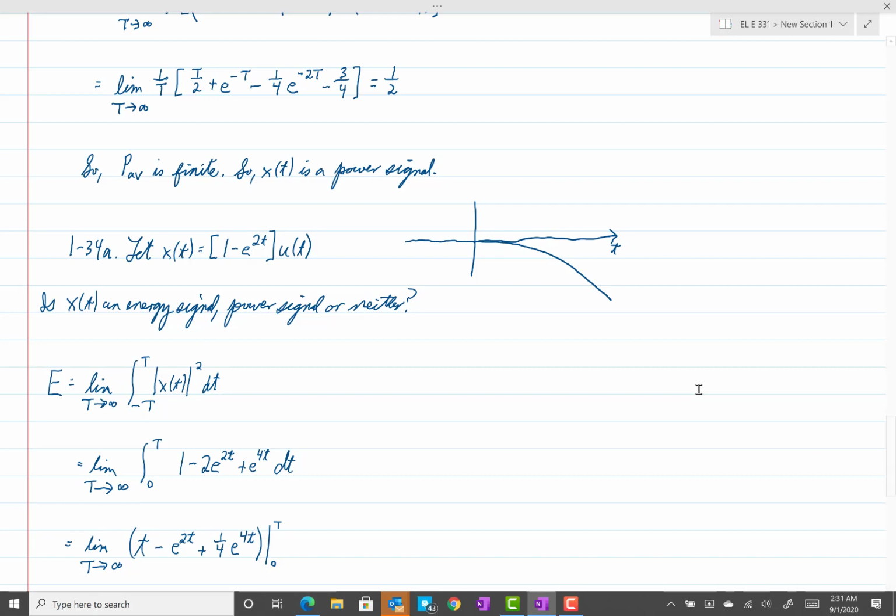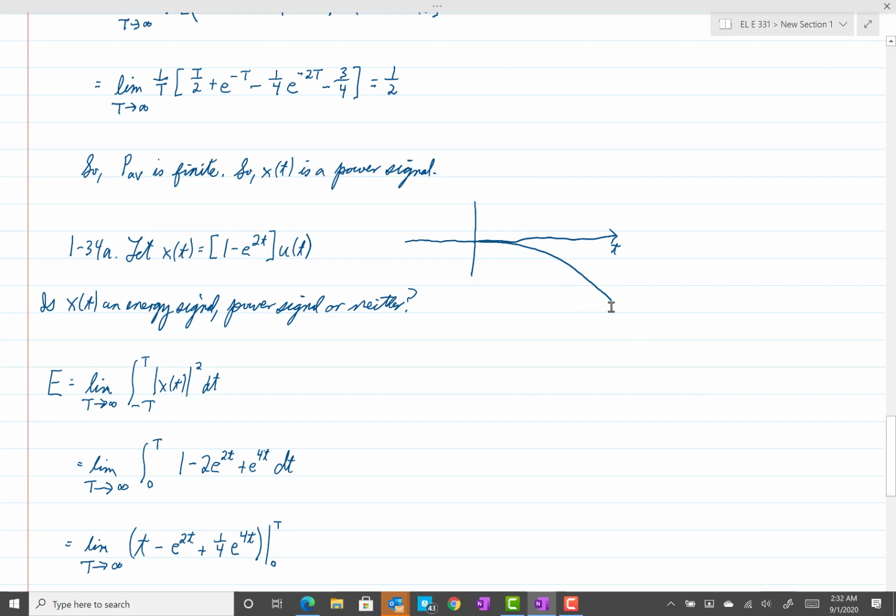Whenever you have a case like that, this strongly suggests that not only is this not going to be an energy signal, but this is likely not going to be a power signal either.